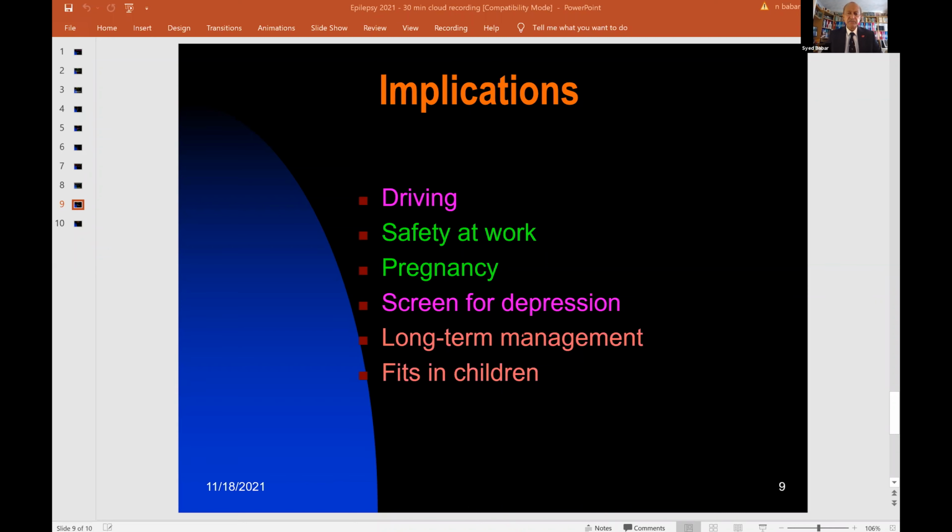After a first attack, holders of Group 2 licenses, such as drivers driving lorries and trucks, will have to show that they have been epilepsy free without medication for 5 years before their suspended license is renewed.